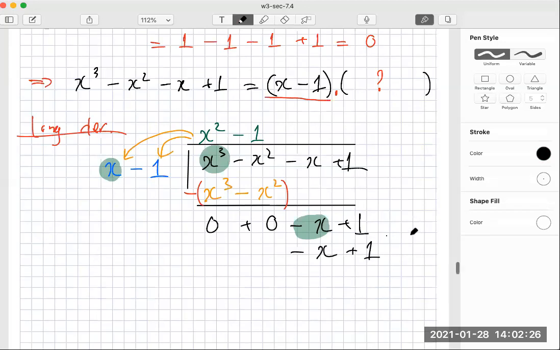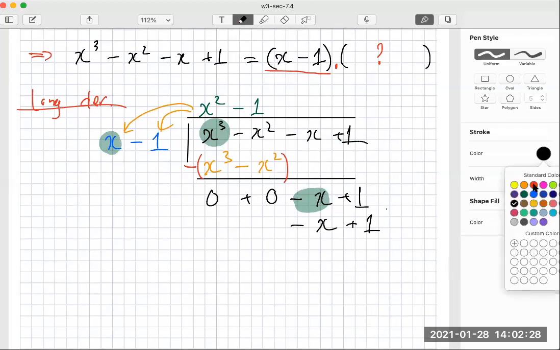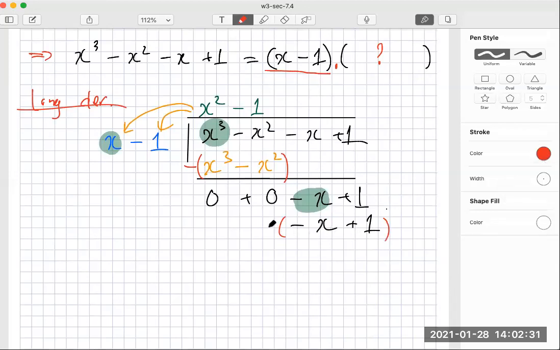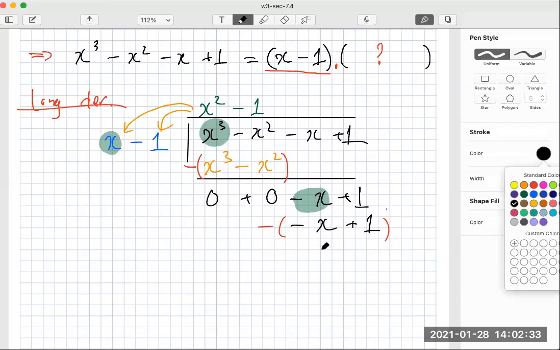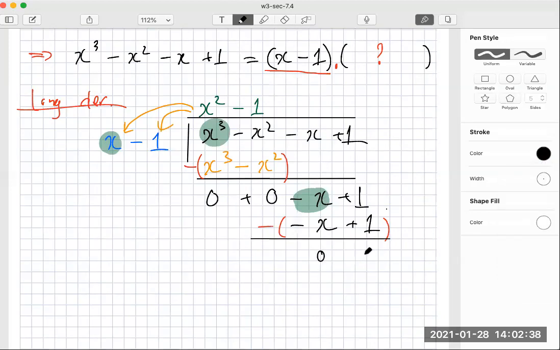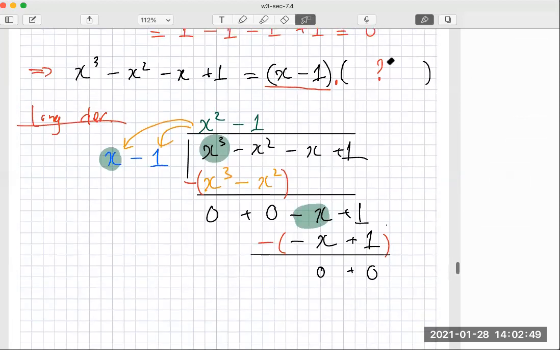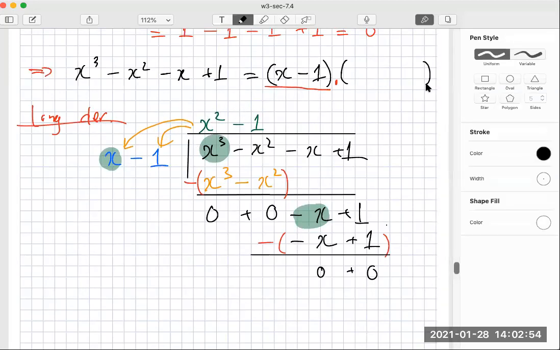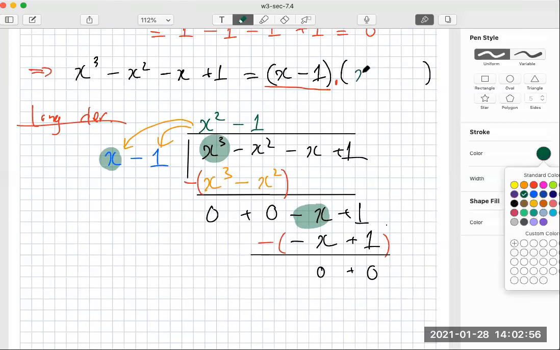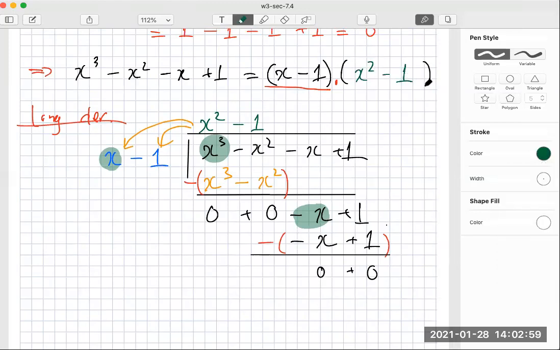Then again, we subtract these two, right? What is it? A very beautiful 0. It means the remainder is 0. It means that this divided by x minus 1 will be x squared minus 1. And therefore, this will be x squared minus 1. Okay?